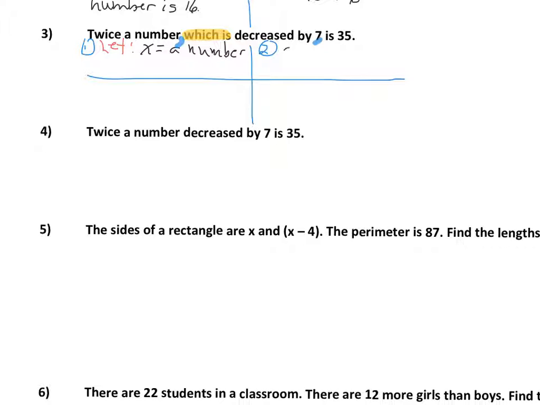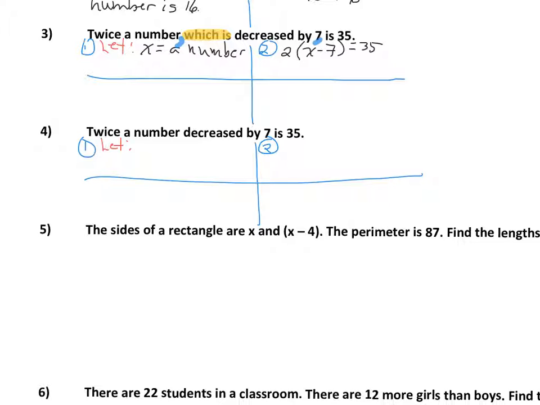Twice a number, so here's twice, the number, which, by the way, is decreased by 7. You use parentheses. So 2 parentheses, x minus 7, equals 35. And if you look at number 4, our let statement is going to be the same. So we're going to let x equal a number.